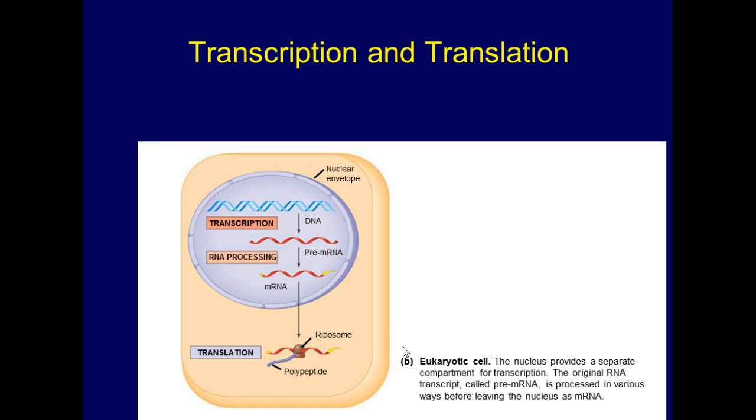Now also write in your notes that the original RNA transcript, called pre-mRNA, here you see it right here, is processed in various ways before it leaves the nucleus as a fully formed mRNA. So you have a pre-mRNA molecule that gets processed into mRNA, totally different than in a prokaryotic cell. And then translation occurs outside of the nucleus.